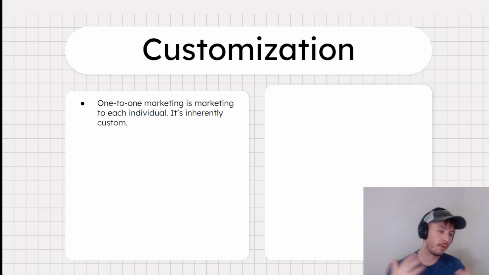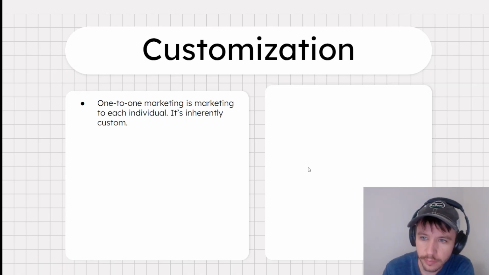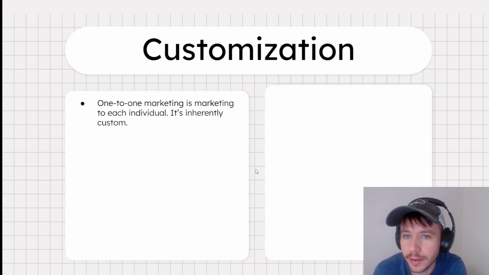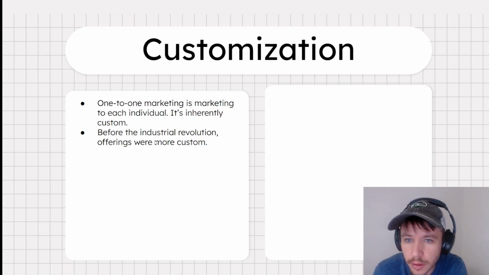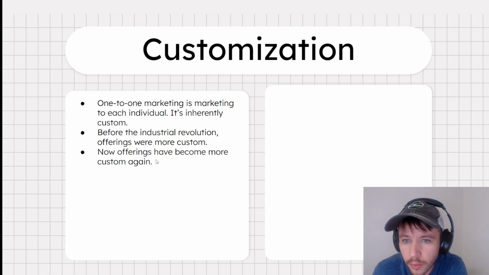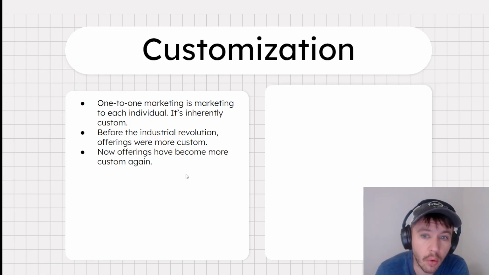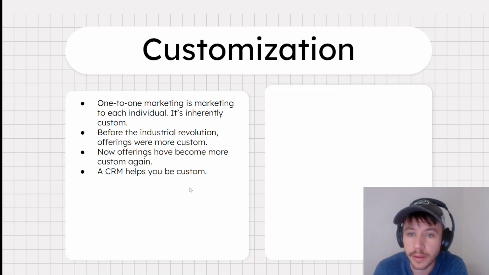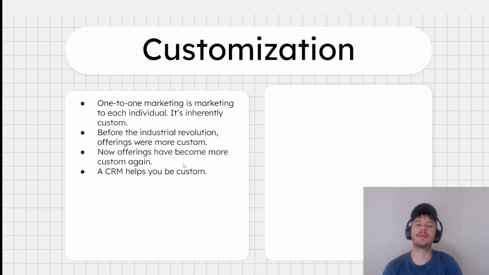Then, as we've grown as a society and as an economy in the West and even throughout the world, we're seeing a trend towards more and more customization. And with technology and everything, that's gotten a lot easier. So offerings were more custom before, now offerings have become more custom again. And this is an idea called mass customization right here.